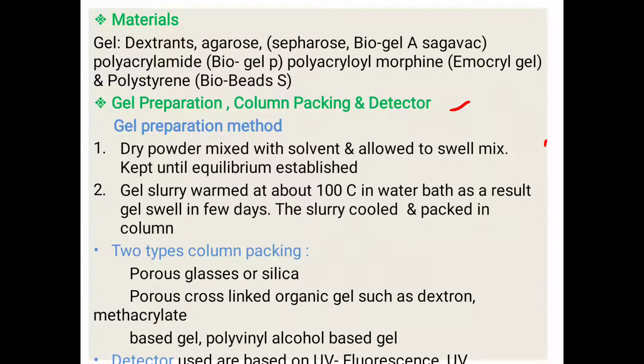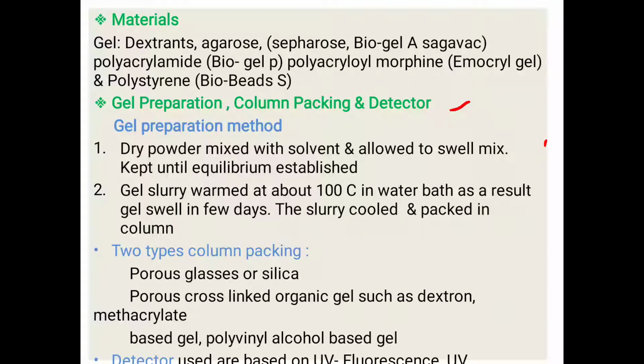In the second method, the gel slurry is warmed at about 100 degrees Celsius in a water bath. As a result, the gel swells in a few days, and the slurry is cooled and packed in the column.